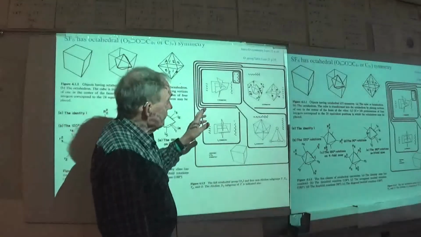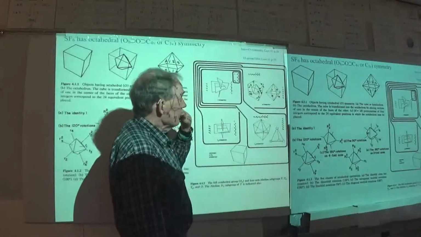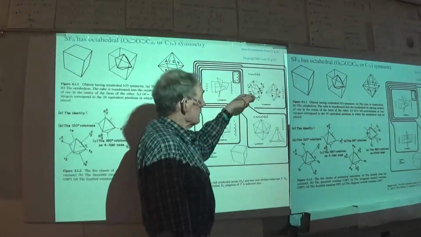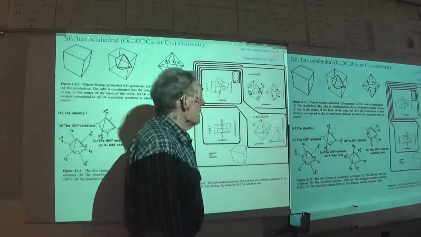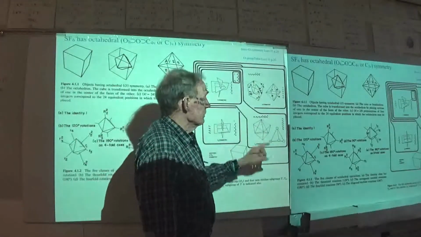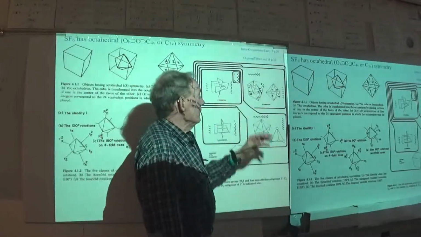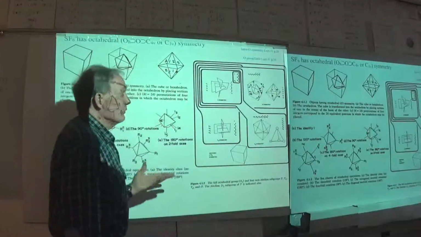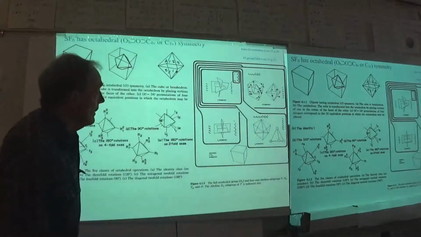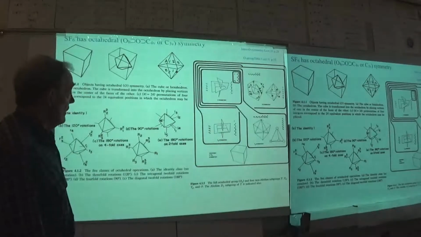And remember, the tetrahedral group, the TD group, is isomorphic to the octahedral group. If we had another class, we would have started with the tetrahedral modes, but octahedral and a cube, that's two tetrahedrons, so it's not that much of a step to jump up to that which we'll do today.